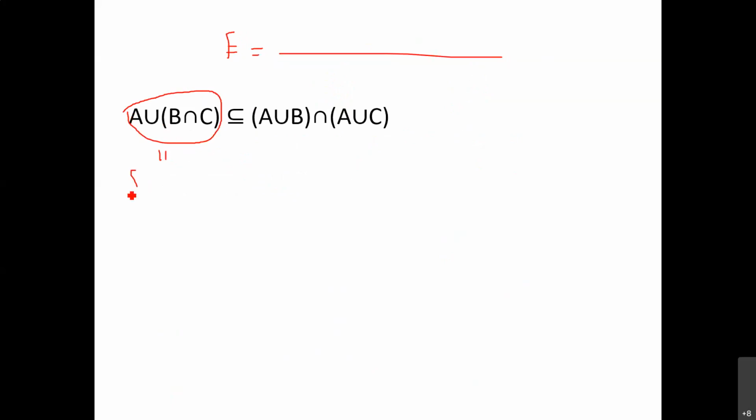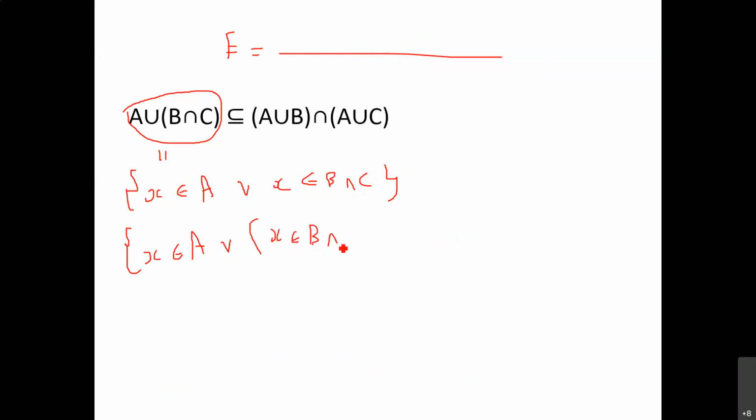This set is X such that X belongs to A, or X belongs to B and C, which is the same as X belongs to A, or X belongs to B, and X belongs to C. So here I meant the intersection between the set B and C.